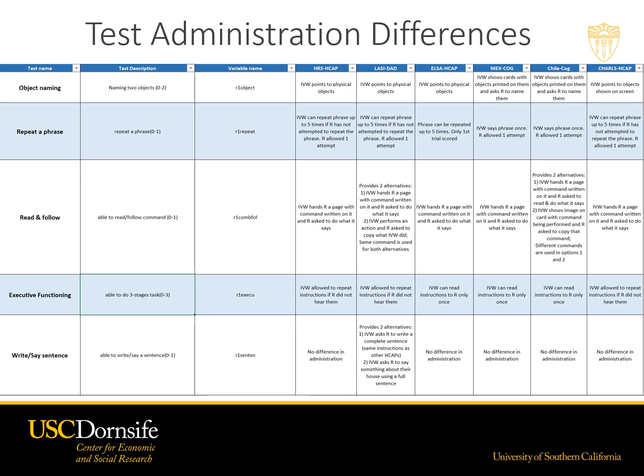The same command is used in both alternatives in the LASI-DAD. In the CHILICOG, different commands are used in the 2 alternative tests. For illiterate respondents, interviewers show an image on the card with the command being performed, and the respondents are asked to copy the command that the image is showing.